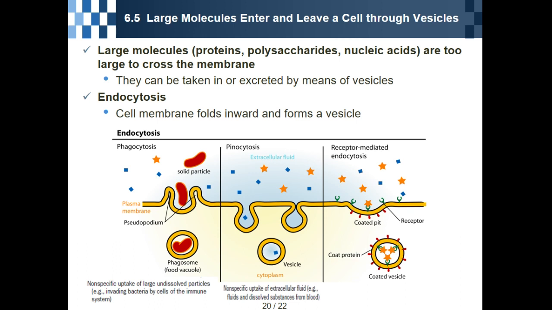So, for example, the membrane pouches inward and forms a vesicle. Some extracellular fluid can be taken in like this. The main difference between phagocytosis and pinocytosis: in phagocytosis, they make a pseudopodium like this. For pinocytosis, they do not make the pseudopodium.